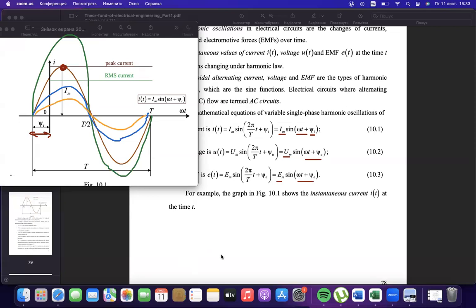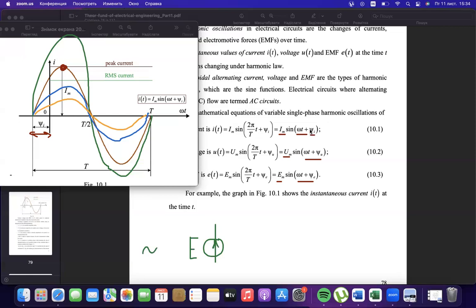For example, if we have some circuit with a sinusoidal electromotive force, we could point some direction at the 0 point of time and draw the arrow as we draw, but it means that it is a sinusoidal source.